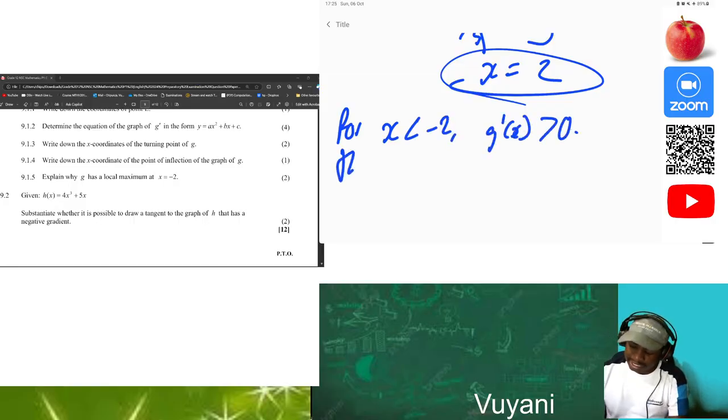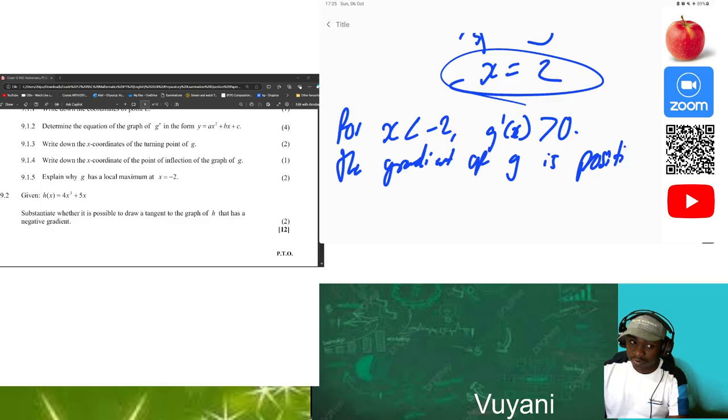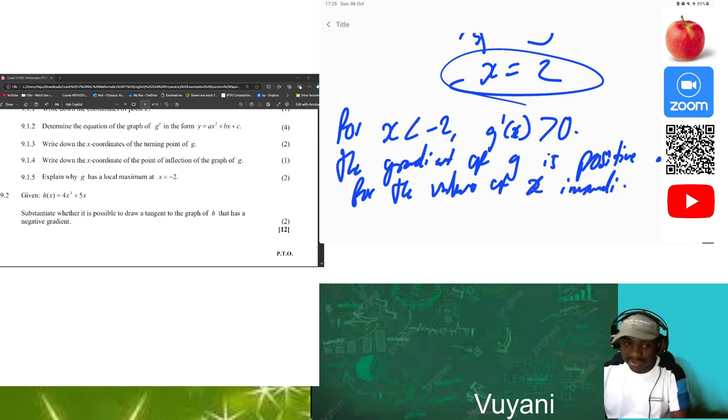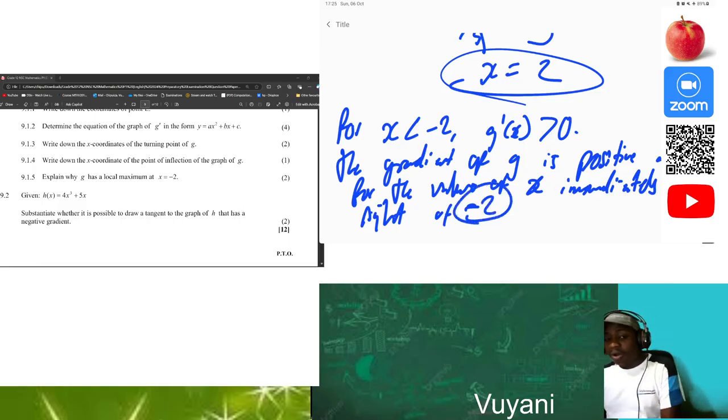So we can see that the gradient of G is positive, and for the values of x immediately to the right of -2. So we can see why that is our answer, and we can explain it in that way.